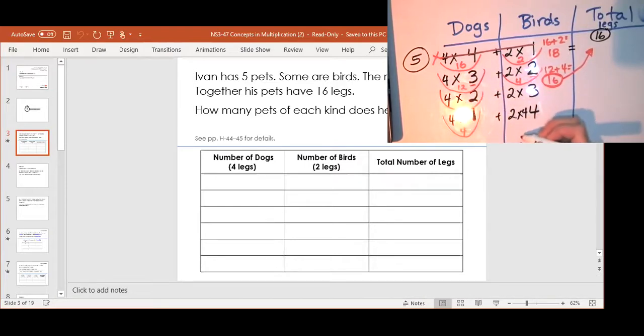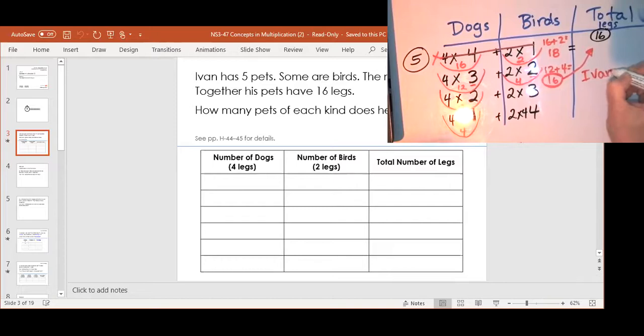Then you can write a sentence. Usually when you're solving problems, you write a sentence. The sentence would be, Ivan, I'm just writing it here so you can see. Actually, I want to make it neat. I don't want you guys to think messy is okay. You always want to be neat. I'm going to write it over here under this space since I've got room.